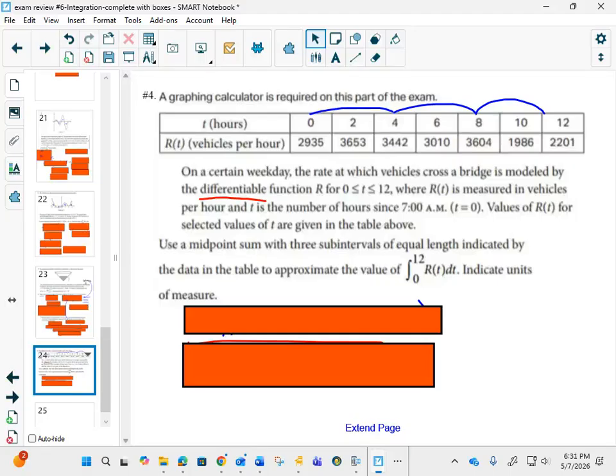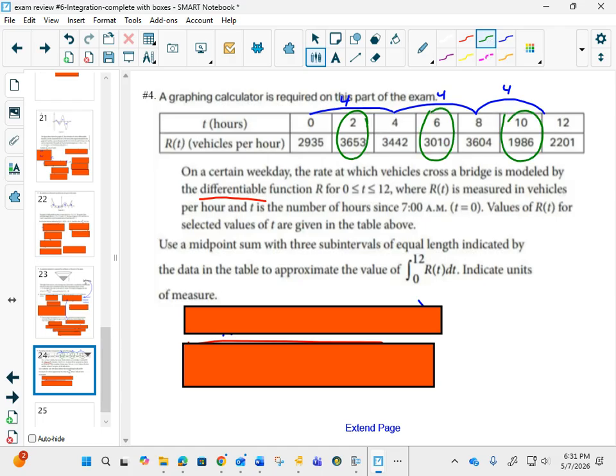Okay, 3 sub-intervals. Look at that: 0 to 4, 4 to 8, 8 to 12. Don't get confused by the fact that there are more numbers. Each of those intervals is length 4. And these would be the midpoints.